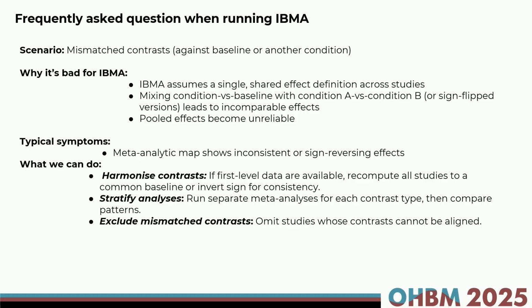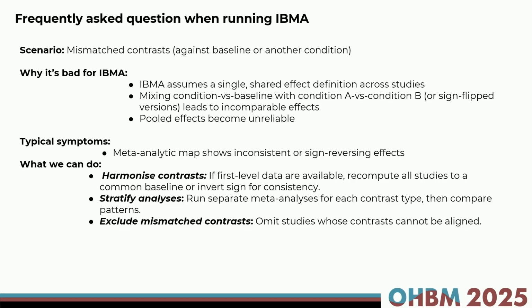And now I will talk about 7 frequently asked questions when running IBMA, which is, sadly, sometimes the reality when we run IBMA. The first classical scenario is that we have mismatched contrasts. For example, one contrast is against a baseline and the other one is against another condition. It is bad for IBMA because IBMA assumes a single shared effect definition across all studies.